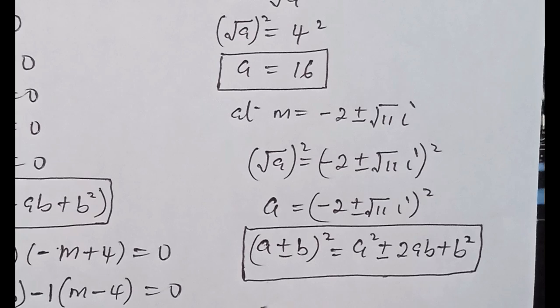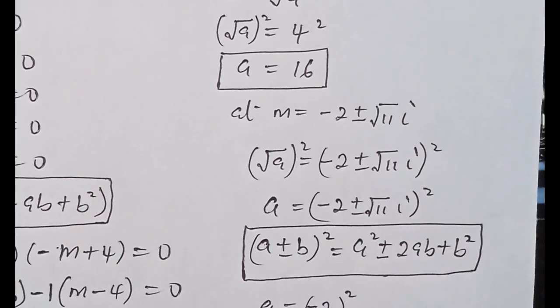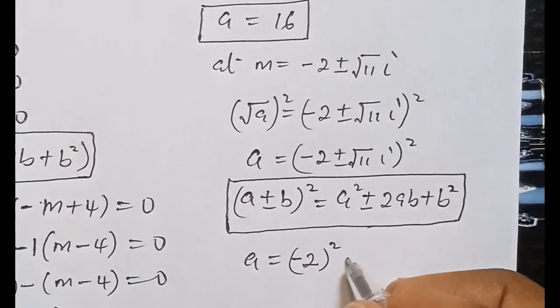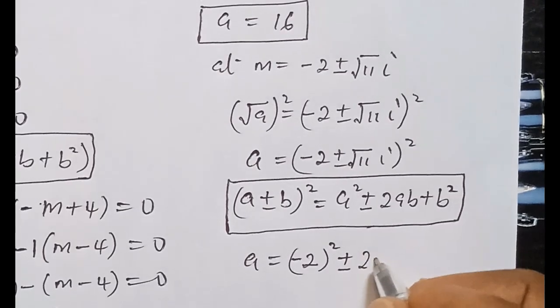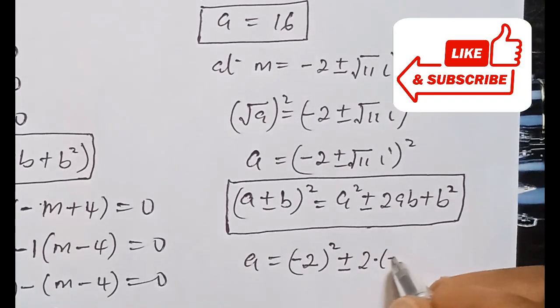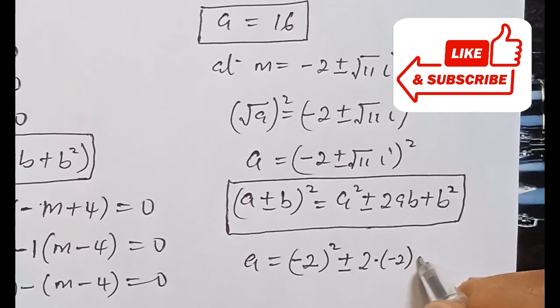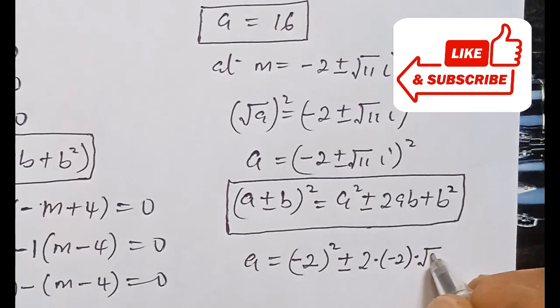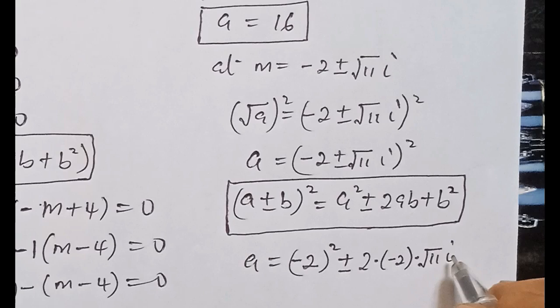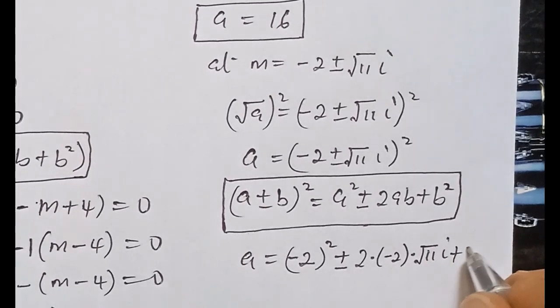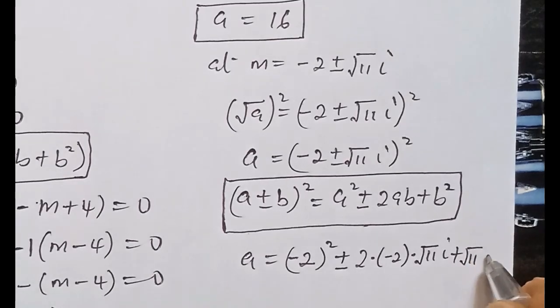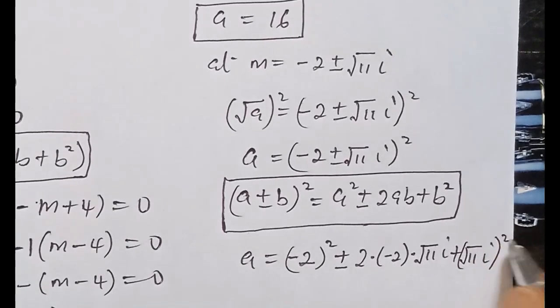That will give us a equal to (-2) squared, then ± 2 multiplied by -2, then multiplied by √11 i, then plus (√11 i) all squared.